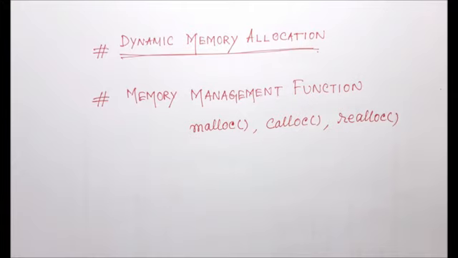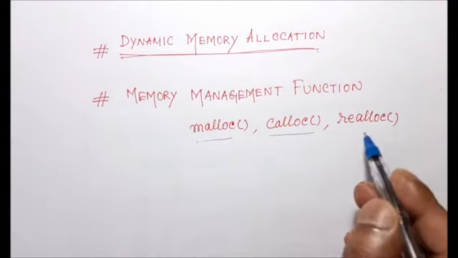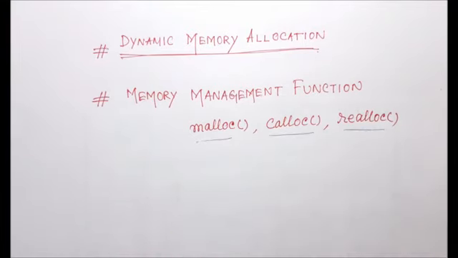In dynamic memory allocation, there are many memory management functions available to handle modification during the execution of a program, like for arrays, data structures, or any other complex data structure where we need to allocate memory during runtime. These are the most popular functions: malloc, calloc and realloc. These three functions are used to allocate a block of memory in the heap area.